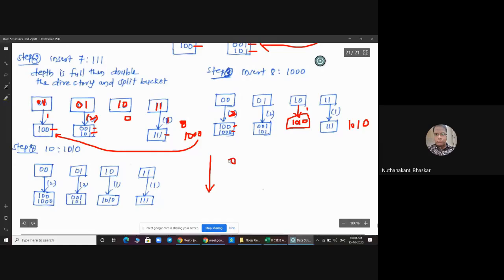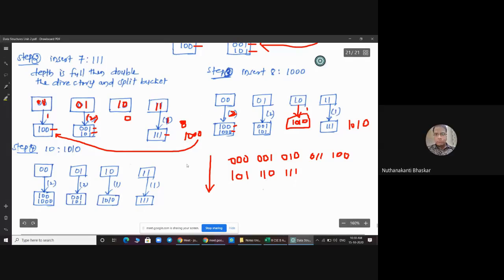Which buckets will come? 0, 0, 0 bucket, 0, 0, 1 bucket, 0, 1, 0 bucket, 0, 1, 1 bucket, 1, 0, 0 bucket, 1, 0, 1 bucket, 1, 1, 0 bucket and 1, 1, 1. Correct? Now we get 8 buckets.